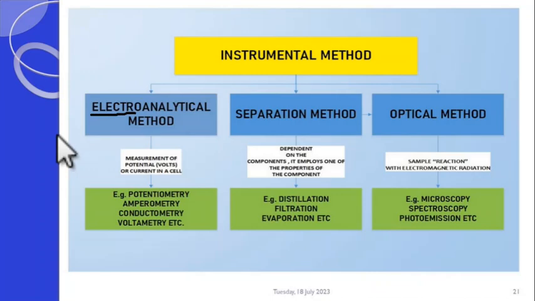In the separation method, it depends on the component. For example, if you want to distill a liquid, what property of the component are you going to be interested in?